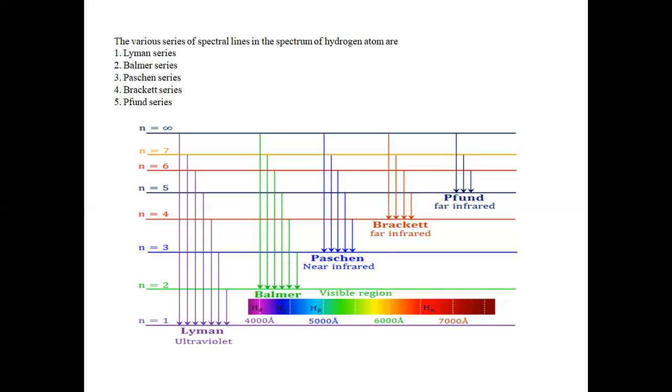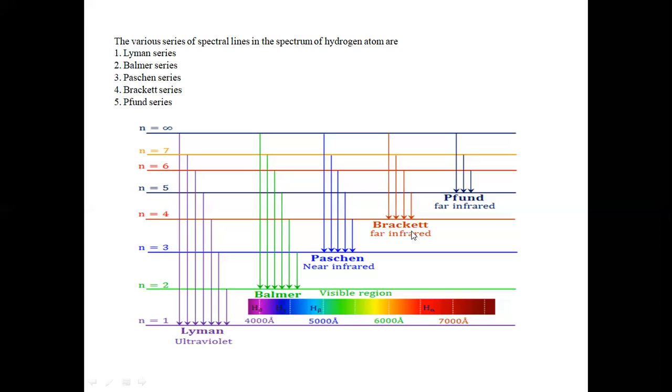And the frequencies of various spectral lines in the series can be obtained by substituting n1 is equal to 3 and n2 is equal to 4, 5, 6, etc. in the equation nu bar is equal to RH into 1 divided by n1 square minus 1 divided by n2 square. And the spectral lines in the Paschen series are found in the infrared region. We can observe these lines in the infrared region.